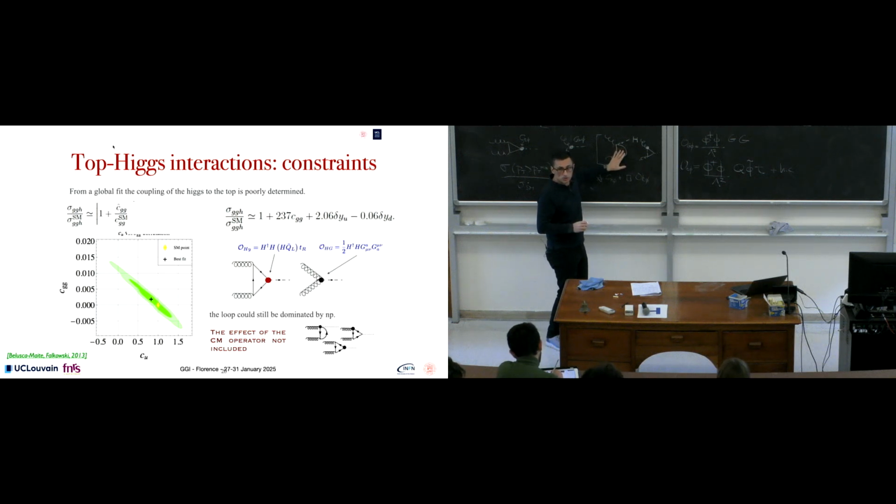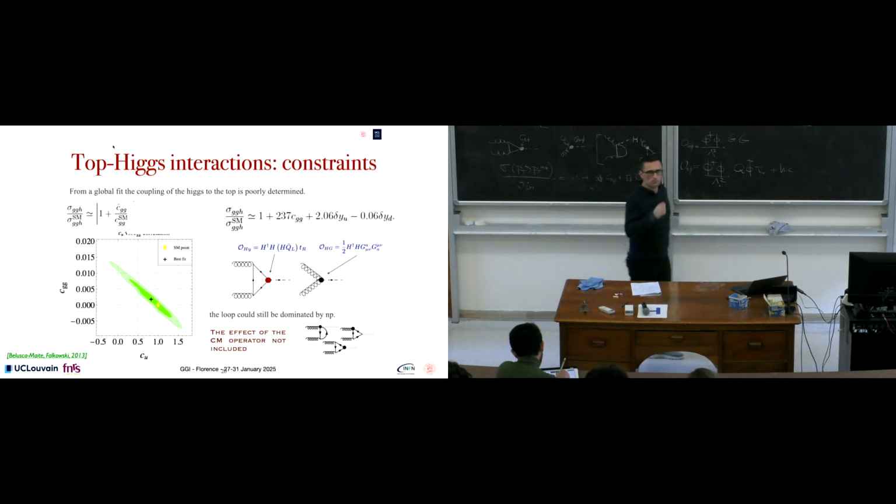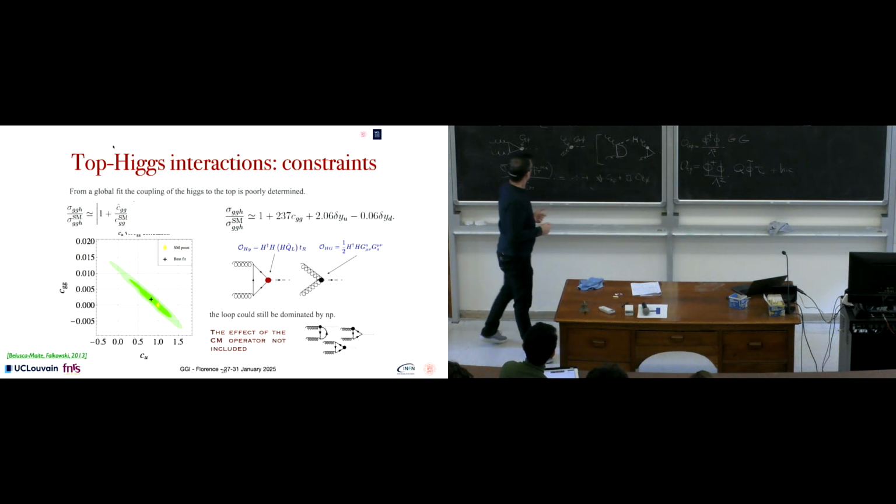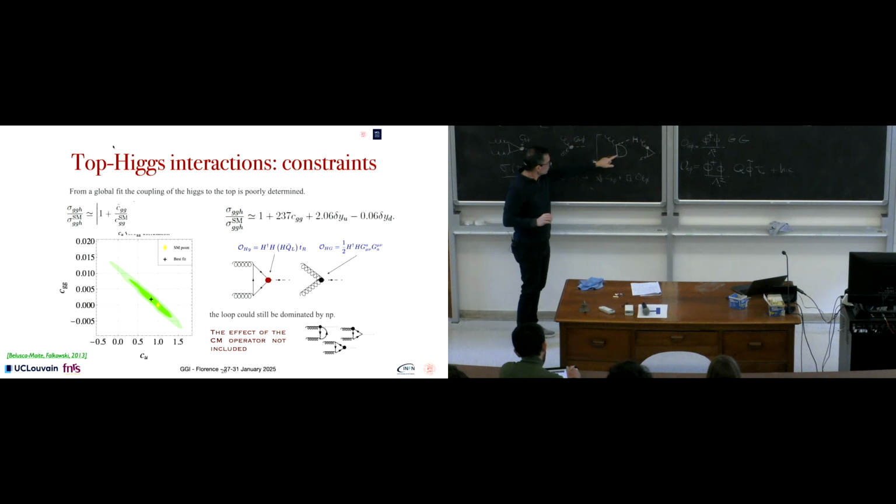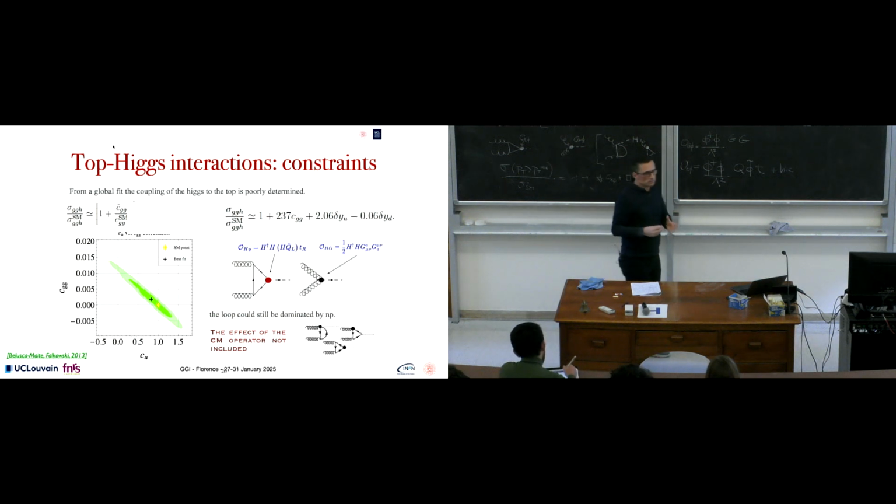Okay, this loop here is not finite. So it's the first time actually that in such a simple setting you realize that this loop gives a divergence in the ultraviolet, which is actually reabsorbed by renormalizing the coupling at tree level of the EFT. Okay, so it's all consistent. There's no problem. At one loop, you can reabsorb all the divergences, but you don't reabsorb it here. You need the other operators to reabsorb it, which is what in the EFT is called mixing.